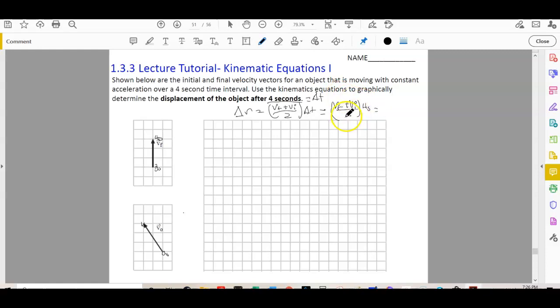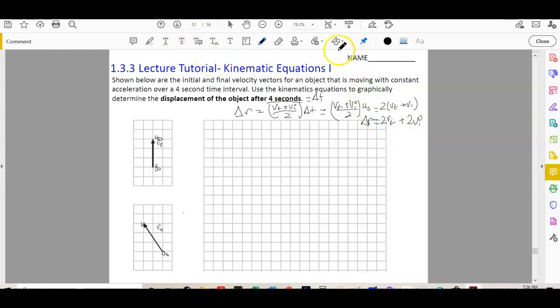So what we're going to get is 4 divided by 2, which is 2, times v final plus v initial, which is then equal to 2v final plus 2v initial. So to get delta r, we have to double the final velocity vector, and we have to double the initial velocity vector. Okay?